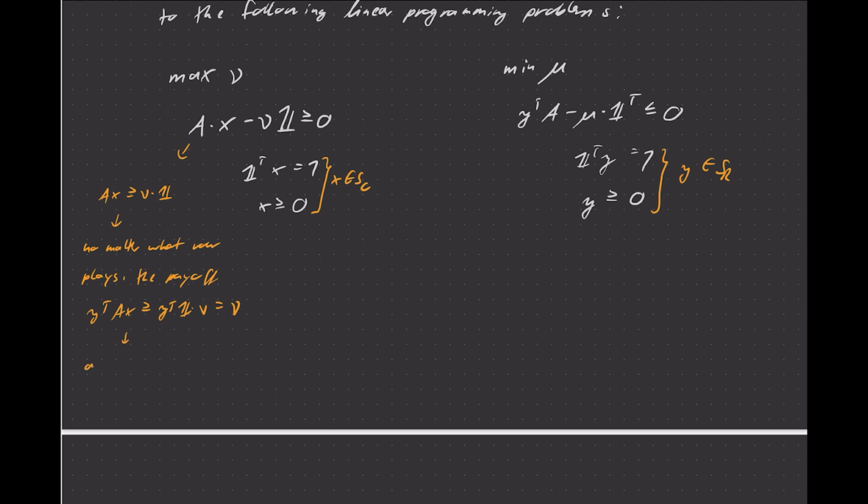Okay, so that means we get at least a payoff of nu, and then this is maximized because the column player wants to maximize payoff.